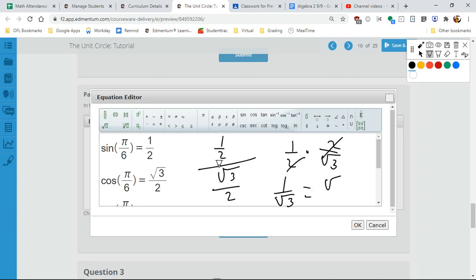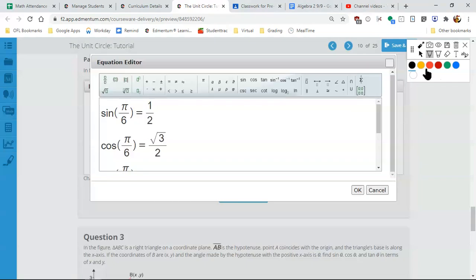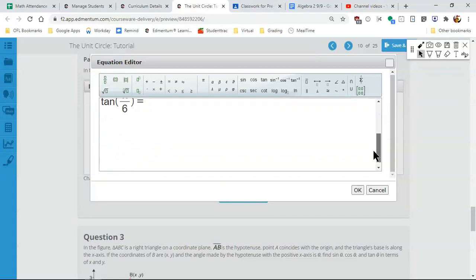Edmentum's going to want you to say square root of 3 over 3. I'm fine if you don't rationalize it. If you leave it as 1 over the square root of 3, I don't care. Just be aware that that's a possibility if it's a multiple choice question. Square root of 3.